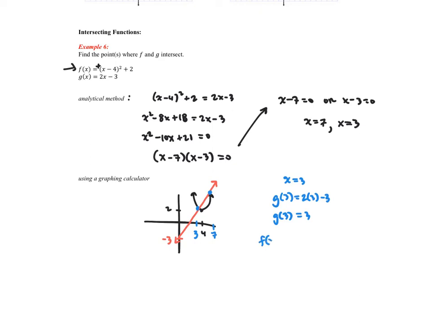So f of x is equal to g of x at the point 3 comma 3, and at x equals 7, g of 7 is 2 times 7 minus 3, which would be 11. So that would be at the point 7 comma 11.